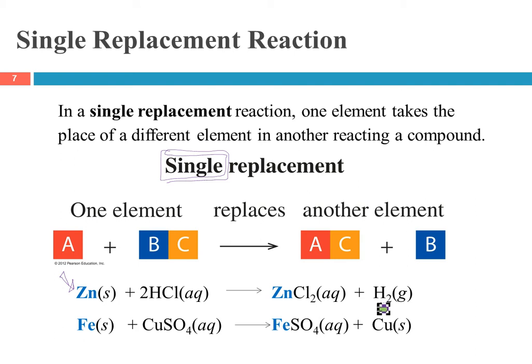Is there also something else that is by itself? Absolutely, we have hydrogen. So what happens in a single replacement reaction is that this thing replaces this thing. So therefore, when you look on the opposite side of the yield sign, you now see zinc with chlorine instead of hydrogen. And now hydrogen is by itself.